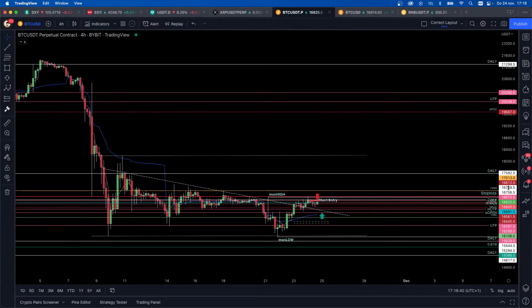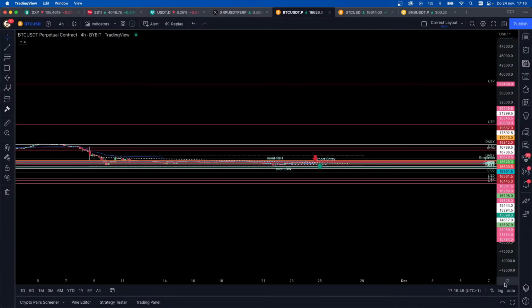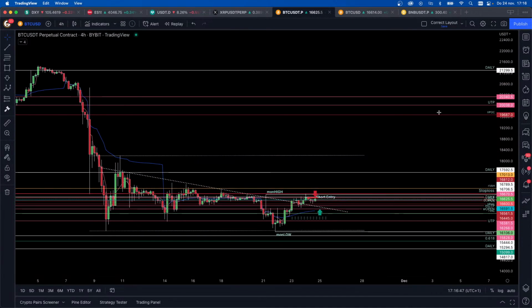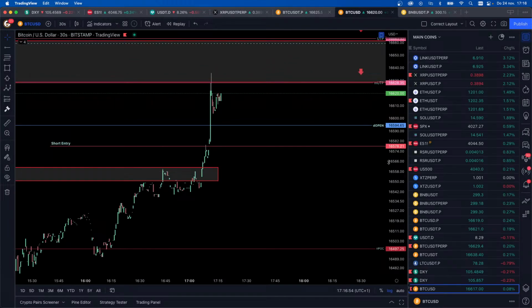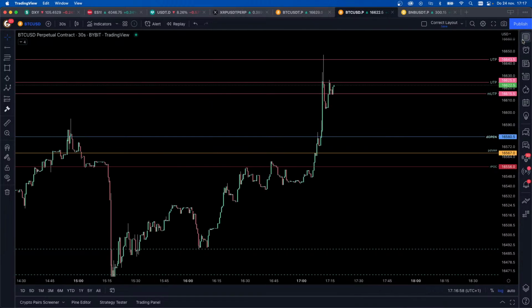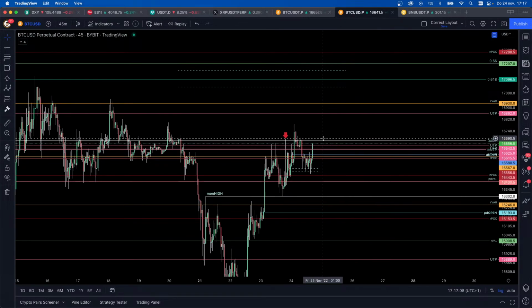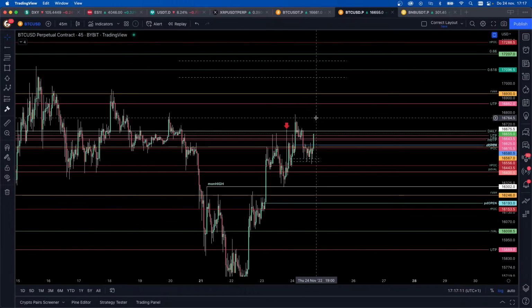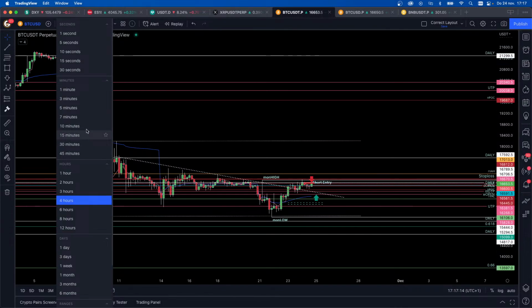We still have a lot of levels on the upside that need to be tapped. Actually looking here, I think it might just break out.